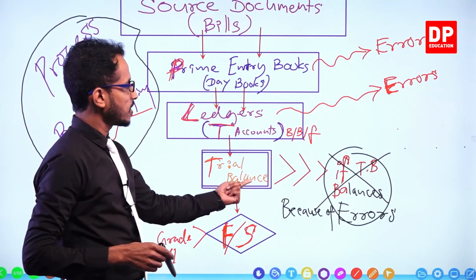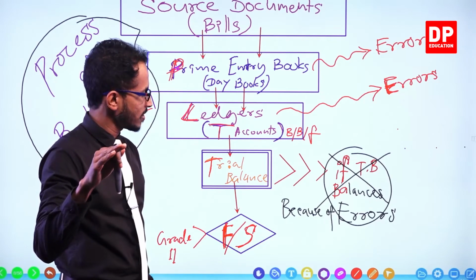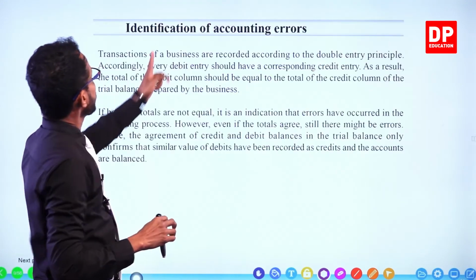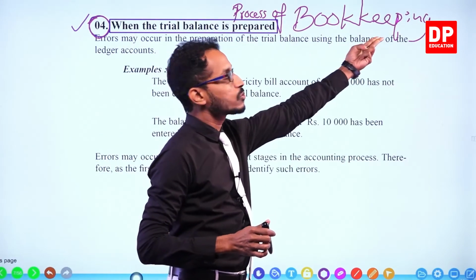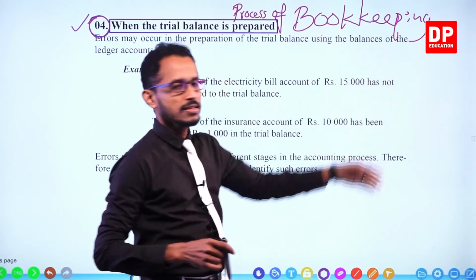Even when this is prepared, errors could occur. So this is the bookkeeping process, and the places where errors could occur in the process of bookkeeping. That's it.